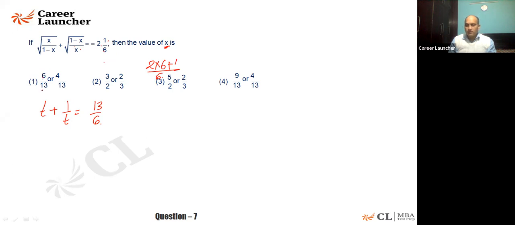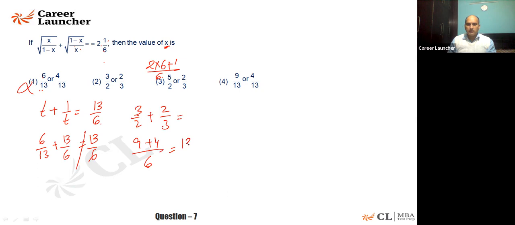I look at this number. If it is 6/13, the reciprocal of that is 13/6. How can that be equal to 13/6? Wrong. The first one will not be the answer. 3/2, the reciprocal of that is 2/3. 3 3s are 9 plus 2 2s are 4, over 6, is 13/6, which matches here. This is my answer. No need to do anything else. And of course, if you are taking 3/2, you can also take 2/3.